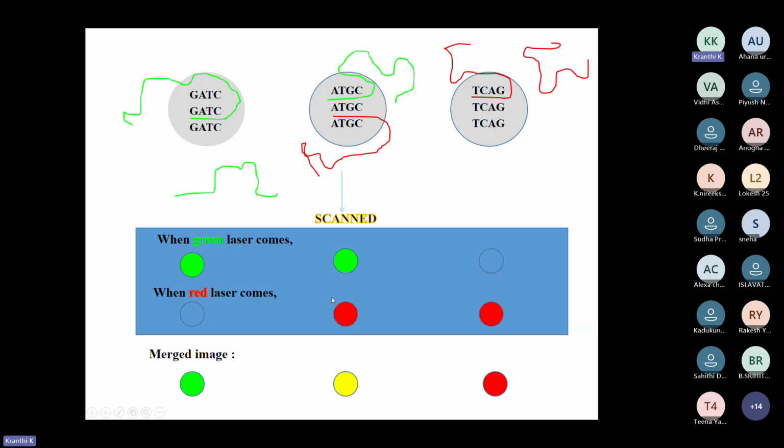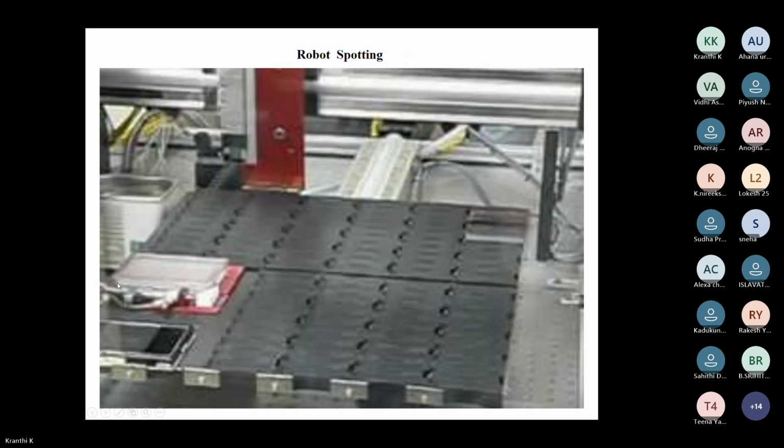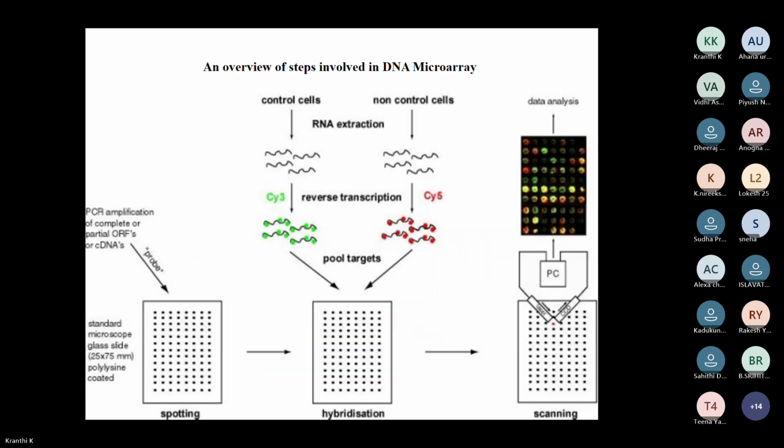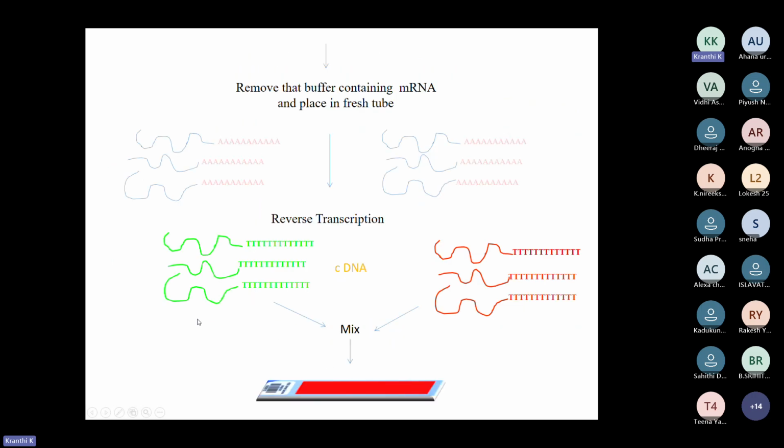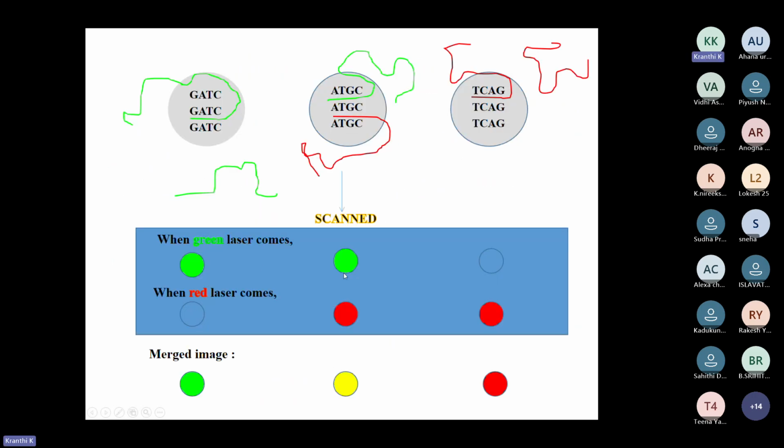Because what we do here, in this standard microarray slide, we keep the normal genes and abnormal genes also. It contains normal gene expression and abnormal gene expression. If the normal gene shows green color, that normal gene got complemented.